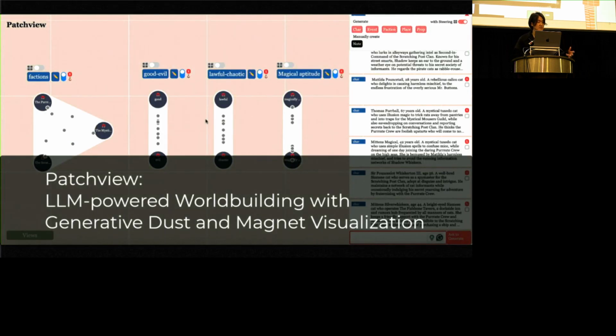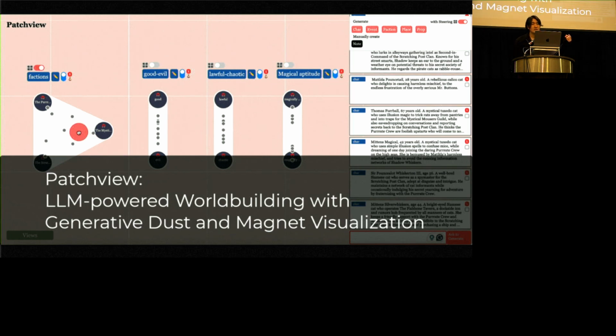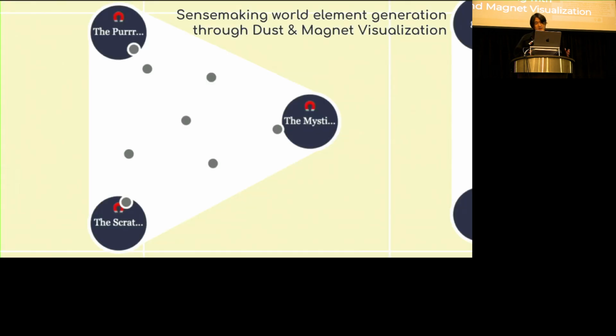So Patchview is built and designed to tackle those types of problems, and we use the dust and magnet visualization, which is an already existing type of visualization, but we adapted it for the context of using generative models. Many of you might not know what the dust and magnet visualization is, so I'll try to explain it.